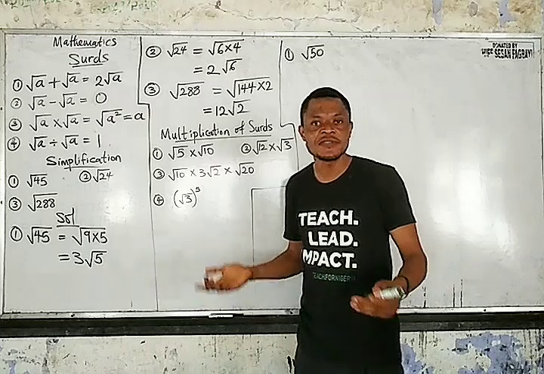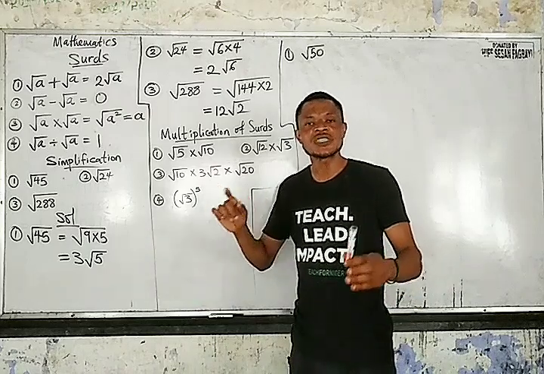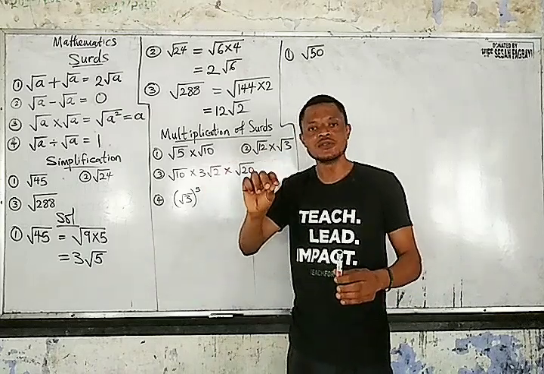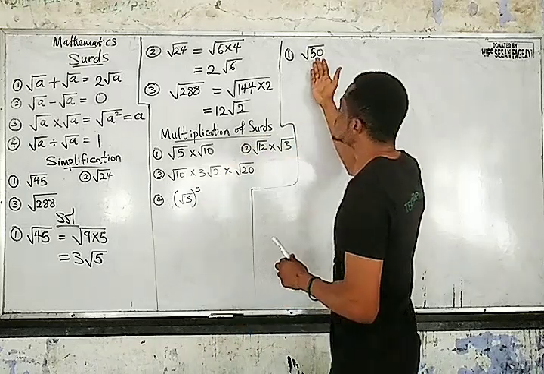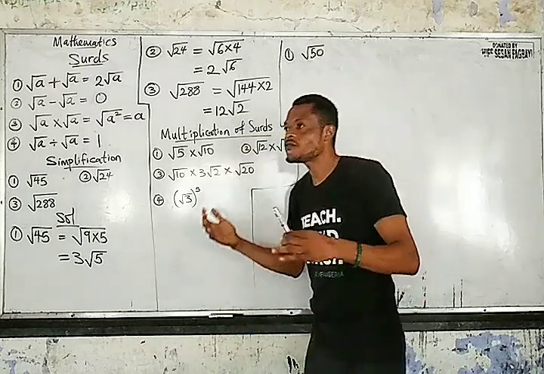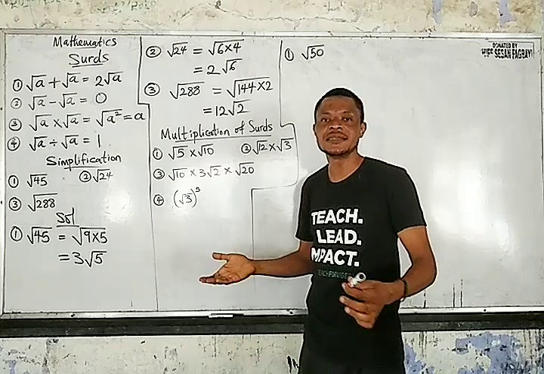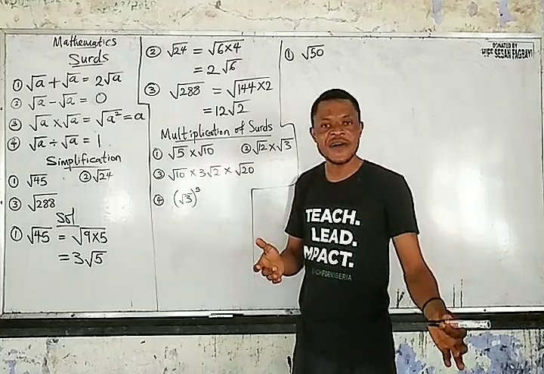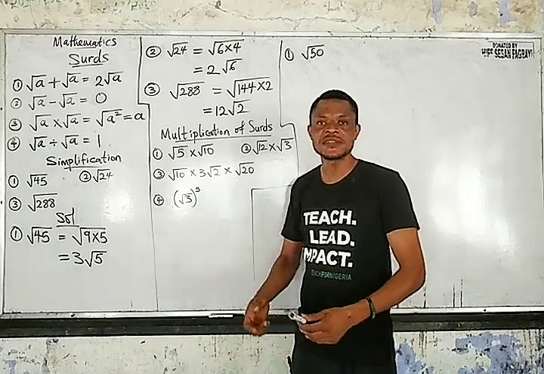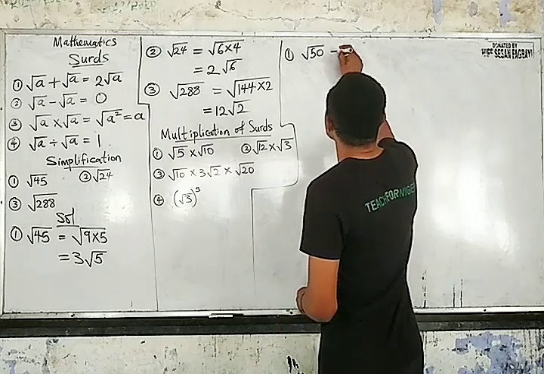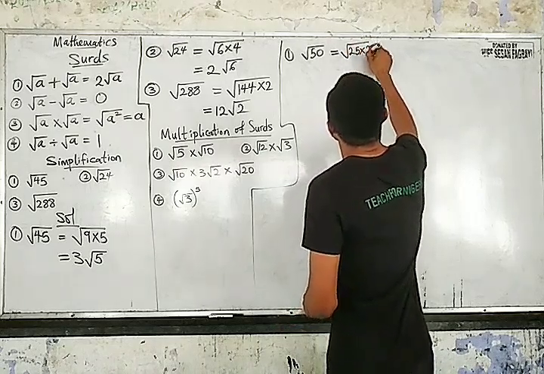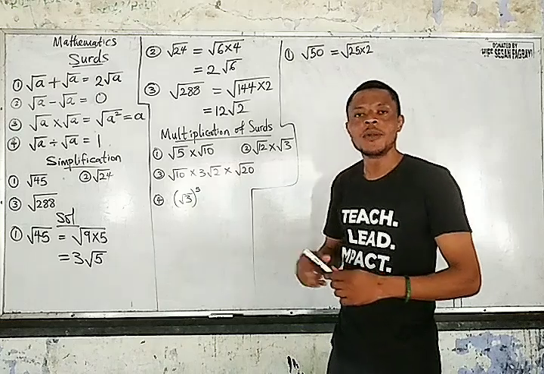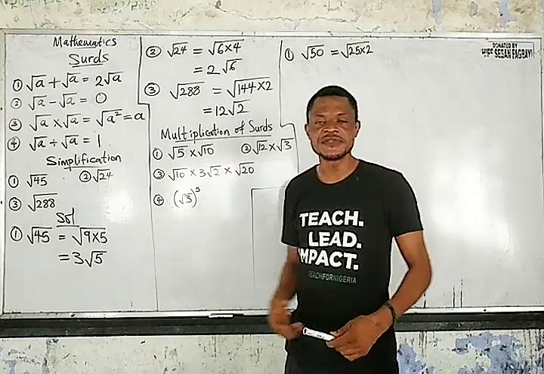How do we simplify 50 in such a way that one of the 2 values will be a perfect square? So if you say 5 multiplied by 10, it will not work because neither 5 nor 10 is a perfect square. But what about we think it straight, like root 25 multiplied by 2 will give us 50.